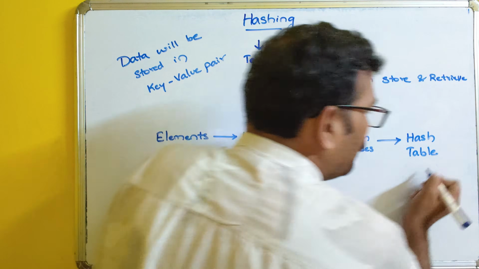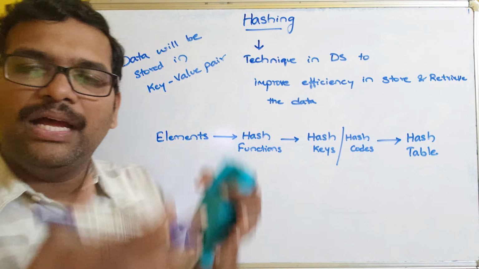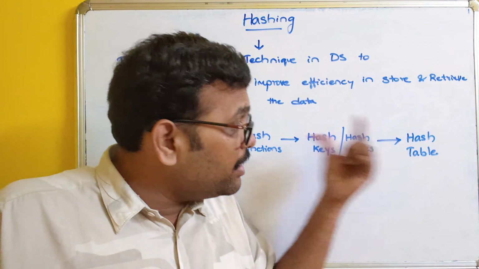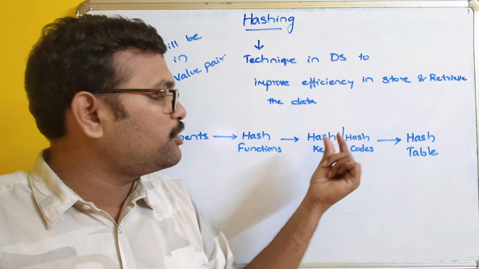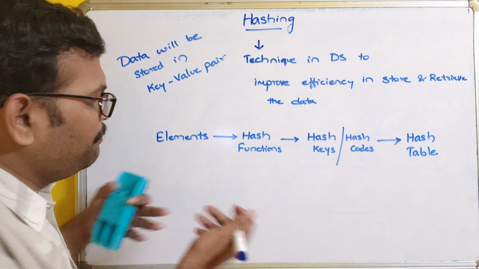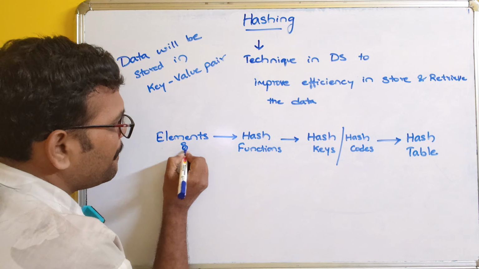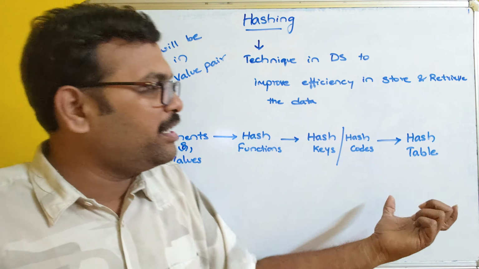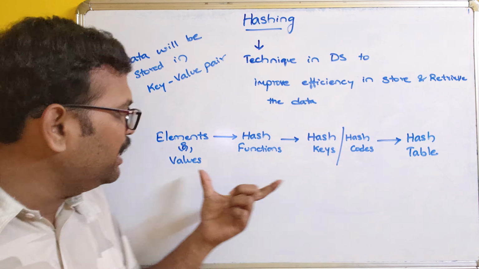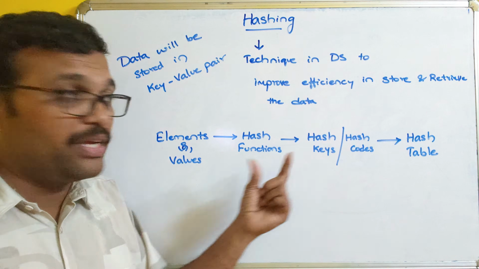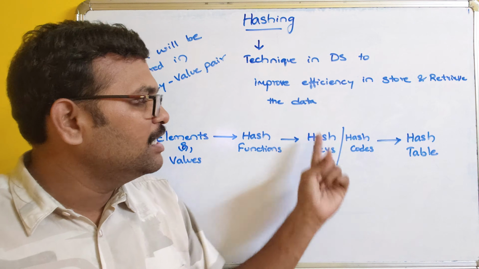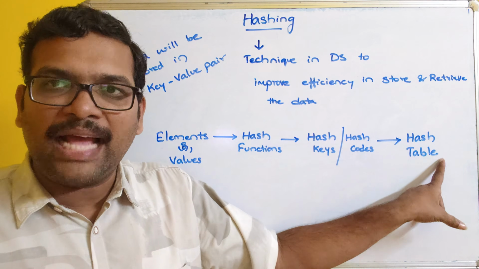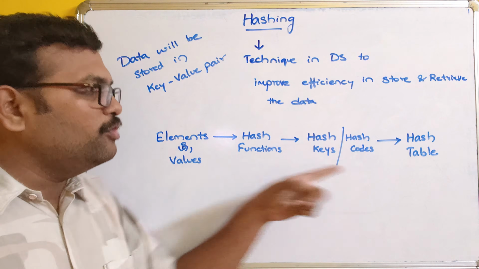There will be a table structure which consists of different memory locations. In that table, the elements will be stored with respect to these particular keys. We can simply use the elements as values. So every element can be represented in a table with a key and value pair. The key will be the hash key coming from the hash function, which represents the memory location in the hash table where these values will be located.